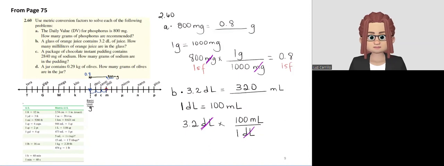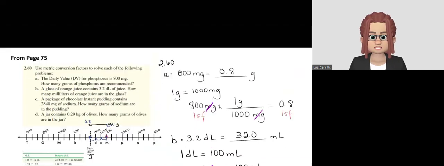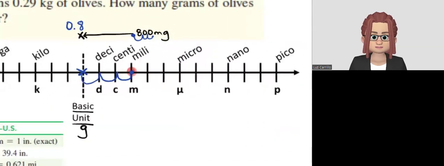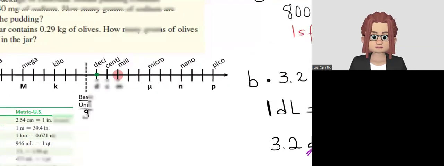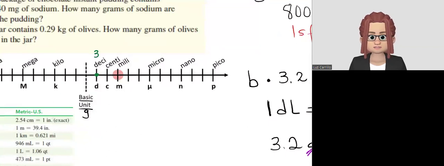Similarly, if I use the number line method, let me erase the work that I did for letter A, and I can now do the work for letter B. The given unit is deci, so that means that my starting point is at this location. I need to end in milli. So if I start with the value 3.2, I have a decimal place where it is written.